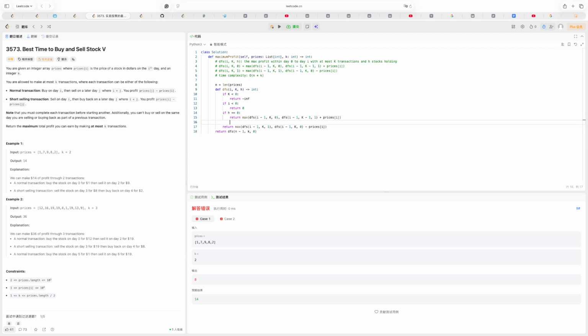Then I think if H is -1, you will do nothing and you will have -1 stock, but you can transfer. So if now is negative, then you'll have 0 and sell stock.